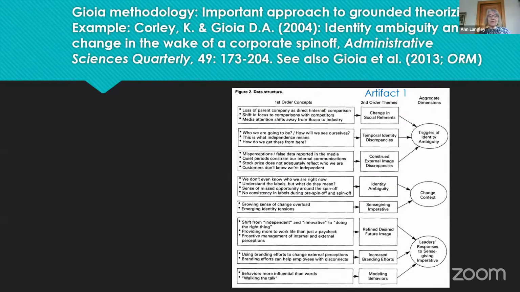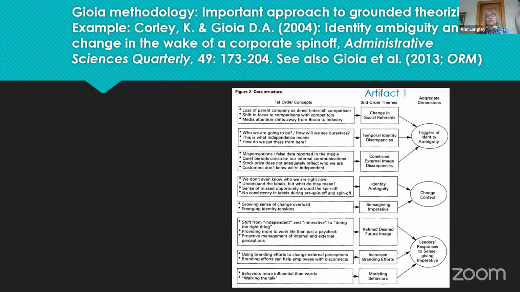And the most famous one is this one, right? And this is a coding approach, which is so elegant. What you can see here on the left, the first order concepts, is how a researcher takes their original data and looks at the data in vivo and codes it into the first category.